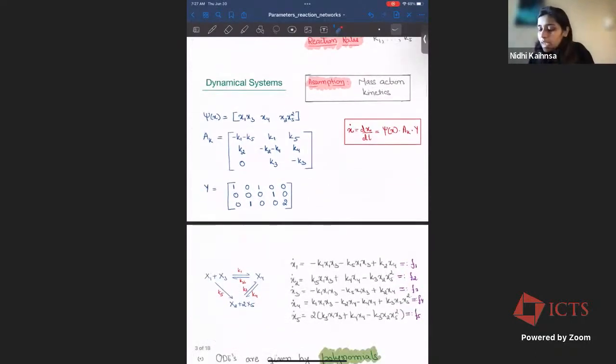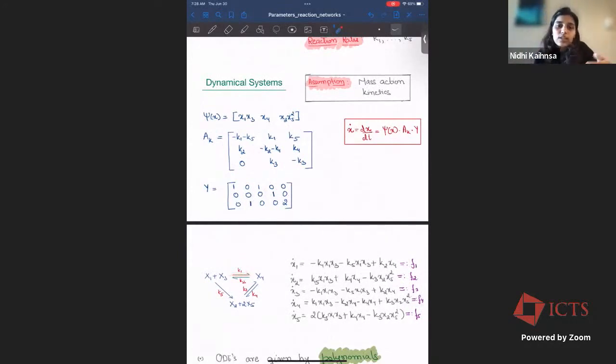So when X1 and X3 are in my beaker, they will react proportional to how much of X1 is present and how much of X3 is present. And how fast they react is determined by the rate of reaction, their affinity to each other, whatever that would mean. And that is encoded by K1.